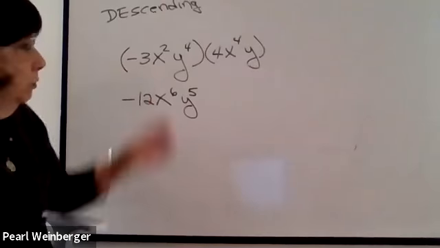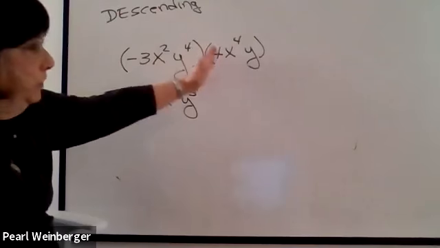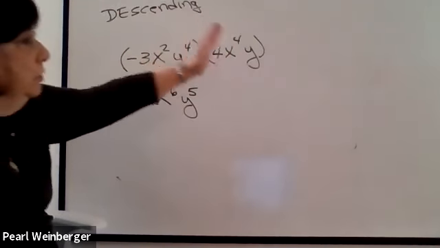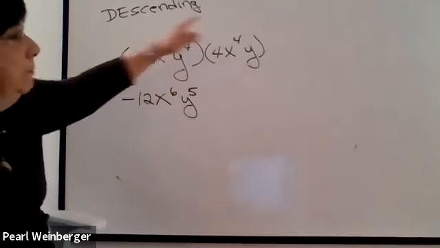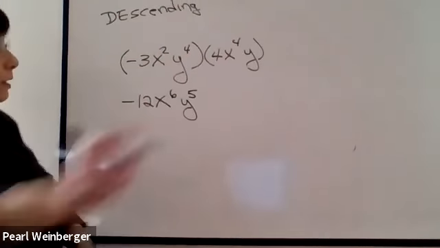Okay. So when we're multiplying, we don't have to have like terms, and we multiply the coefficients together, then we multiply the letters together. The like letters we multiply by adding their exponents. Okay. So when it's multiplication, you just add exponents, correct?